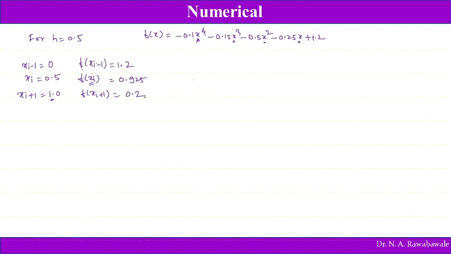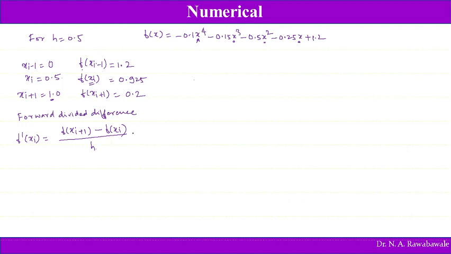So now we want to use the forward difference, backward difference, and center difference. If we want to use the forward divided difference formula, f dash of xi is given by f of xi plus 1 minus f of xi divided by h.